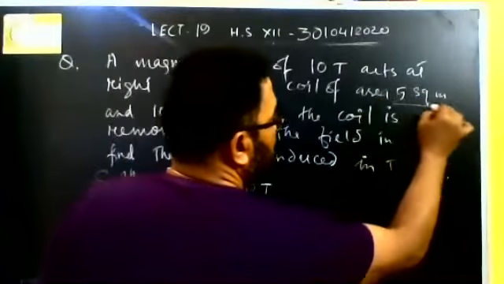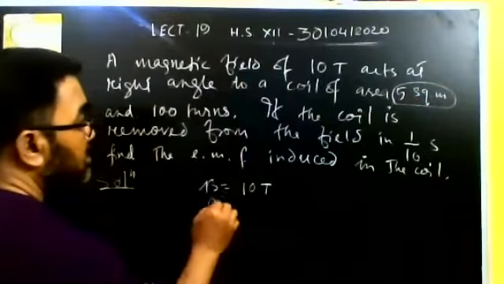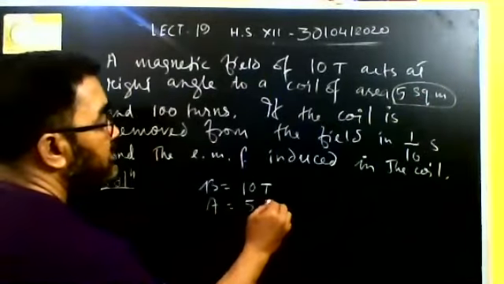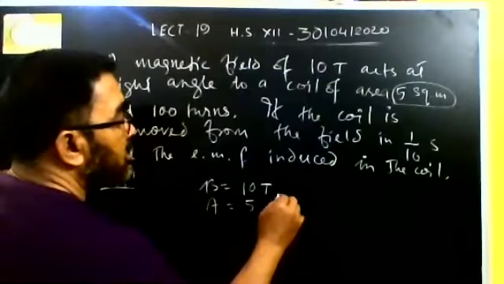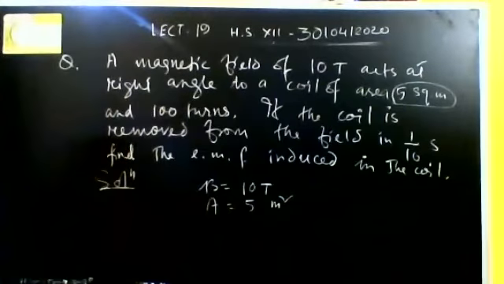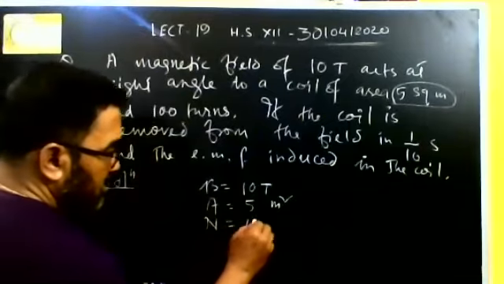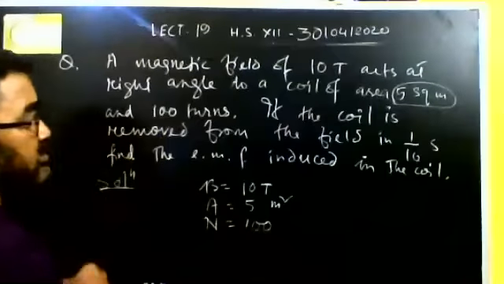The coil has an area of 5 square meters, and 100 turns.